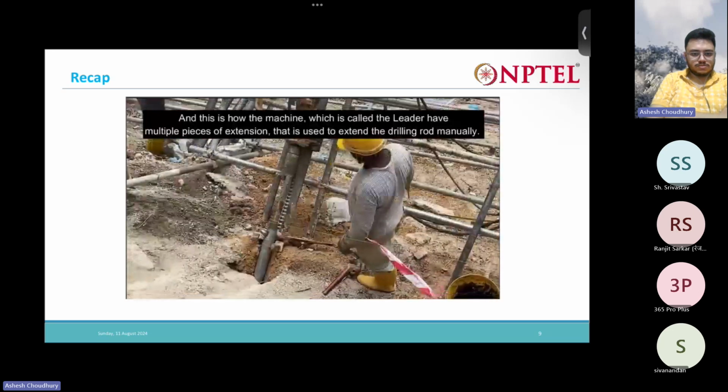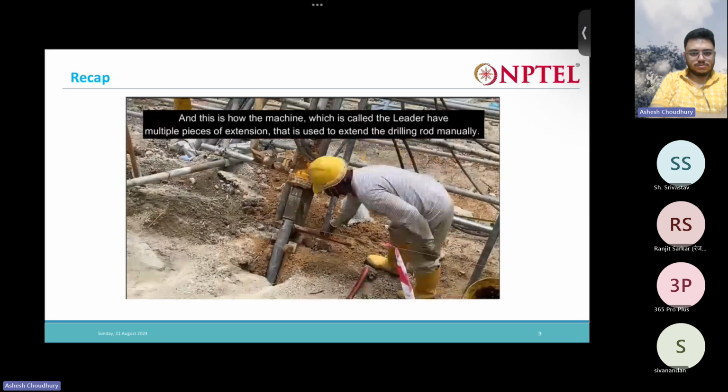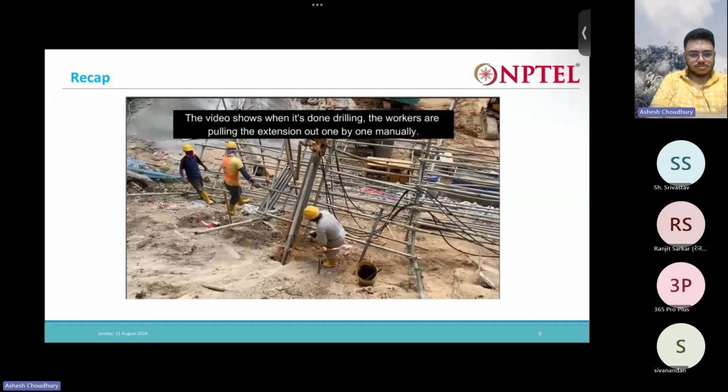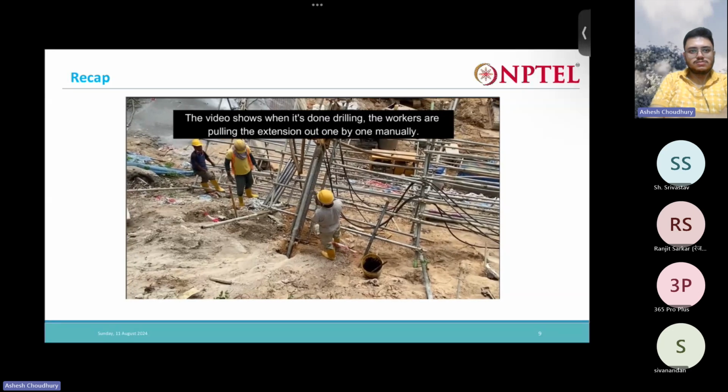And this is how the machine, which is called the leader, has multiple pieces of extension that are used to extend the drilling rod manually. The video shows when it's done drilling, the workers are pulling the extensions out one by one manually.